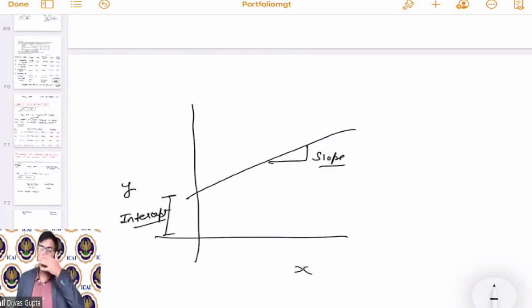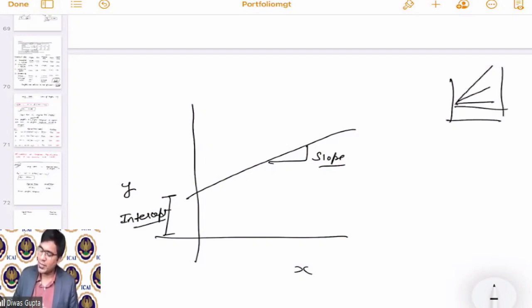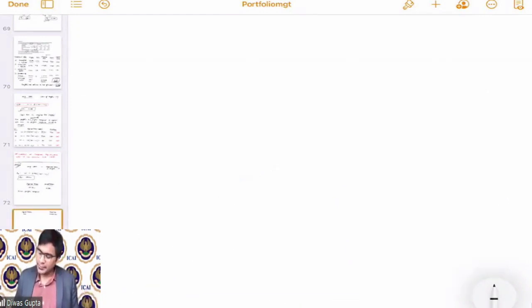Slope defines whether the line will be like this, or like this, or flat, or a straight line, whatever it is. The intercept is the point where it cuts the y-axis. This is the basic thing that we have already studied. Now keep these things in mind.